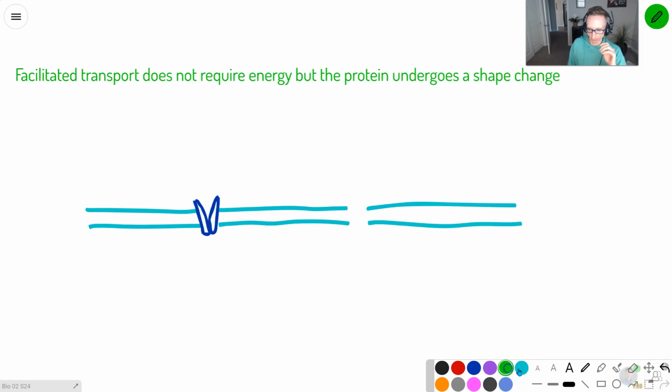And what happens is we're going to have a molecule come in right here and bind. Since this is glucose, we'll have another little thing bind. We'll just stick with that. What happens is now this protein is going to undergo a shape change. So it'll look a little something like this.